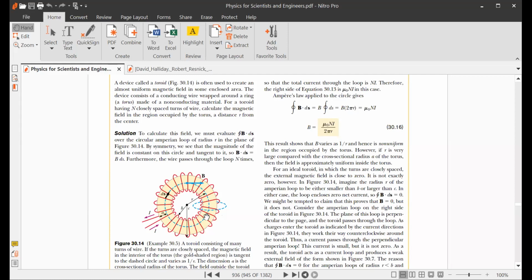Inside the toroid, we get I enclosed is N times I, so we get this formula for the toroid. This is the magnetic field inside the toroid. Because we have an ideal toroid, the magnetic field outside is zero, non-zero only inside. Any question? No. Okay, let's continue.